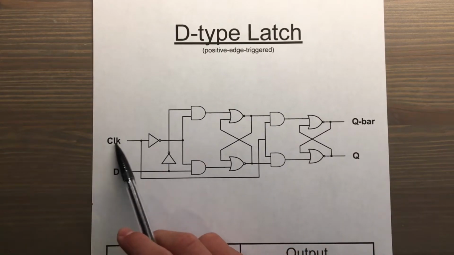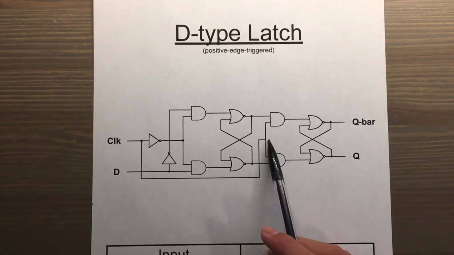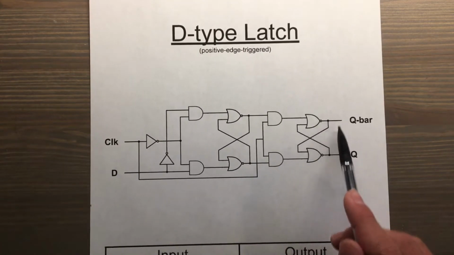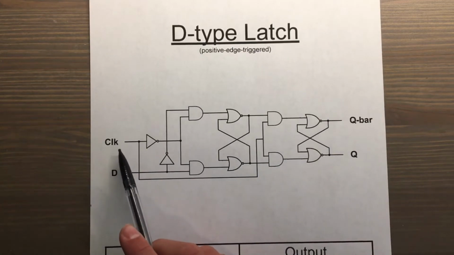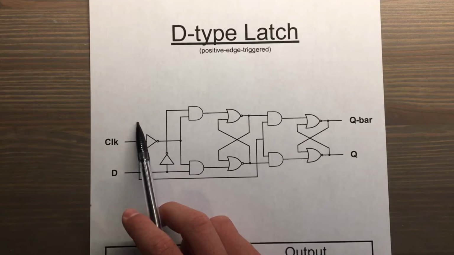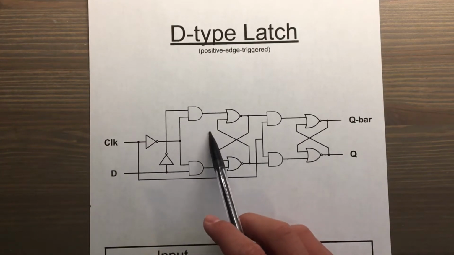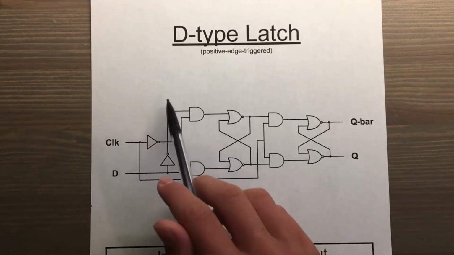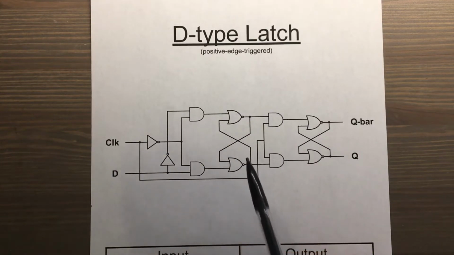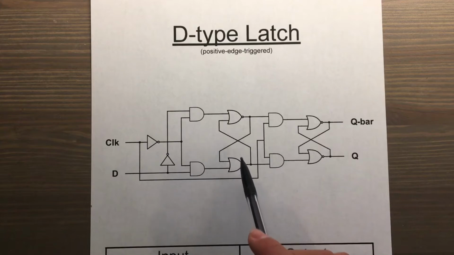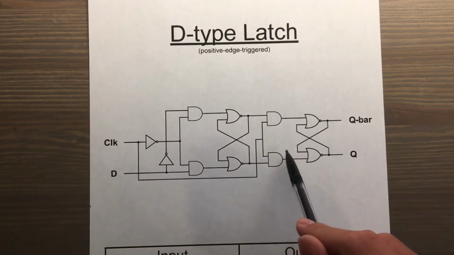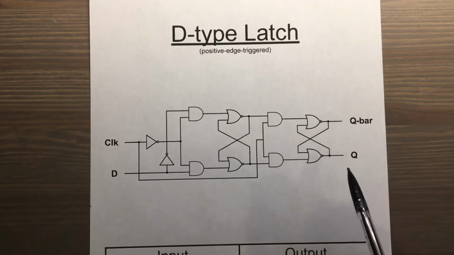But because our uninverted 0 is here, it won't be able to go through to the outputs. But the instant when our clock changes to 1, this latch will no longer be able to change, but the 1 will be able to go through from here into the RS flip-flop and to the outputs.